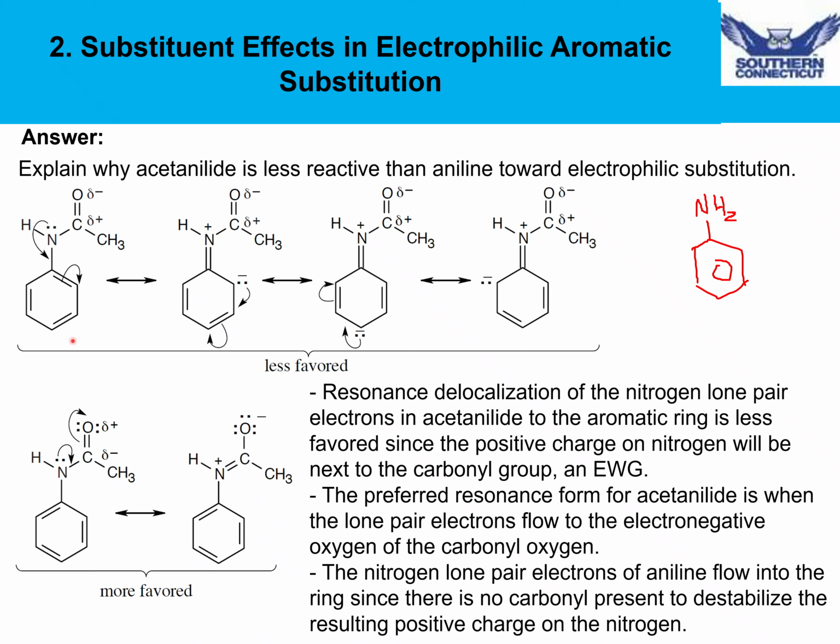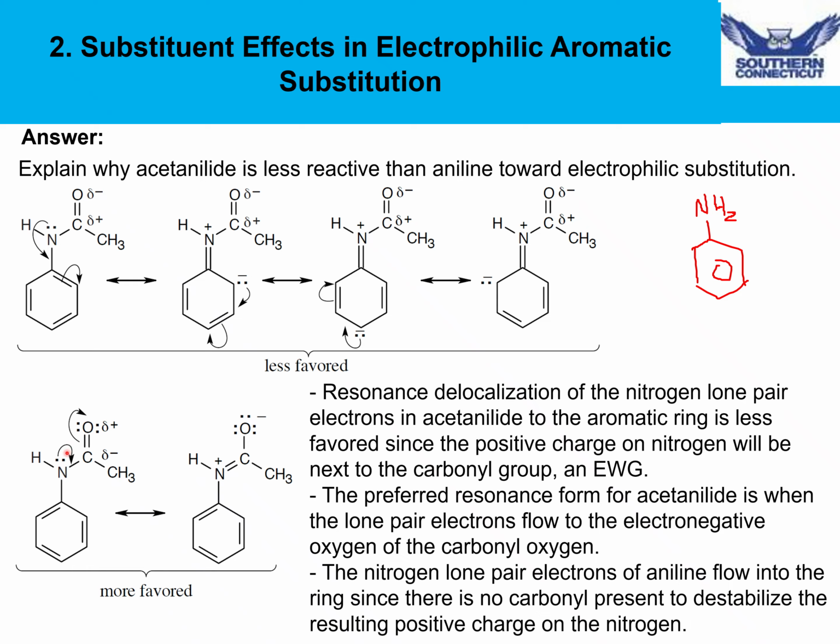One of the ways is that the lone pair on the nitrogen can donate electron density into the ring as shown here, and the negative charge that is created in the ring can be moved around the ring through other resonance structures. We would do something similar with aniline.